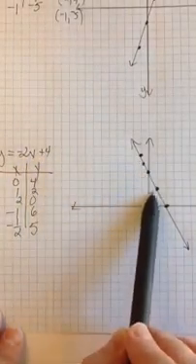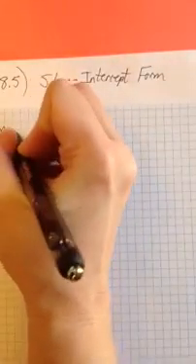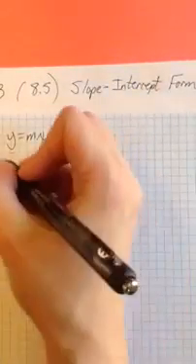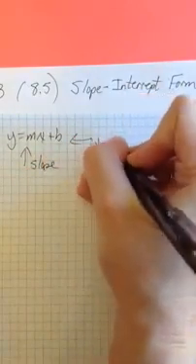Down 2 over 1. That down 2 over 1 that I'm saying brings us to our next point here. When I have slope-intercept form, I'm looking at y equals mx plus b. Again, I'll keep repeating that. Slope and y-intercept.